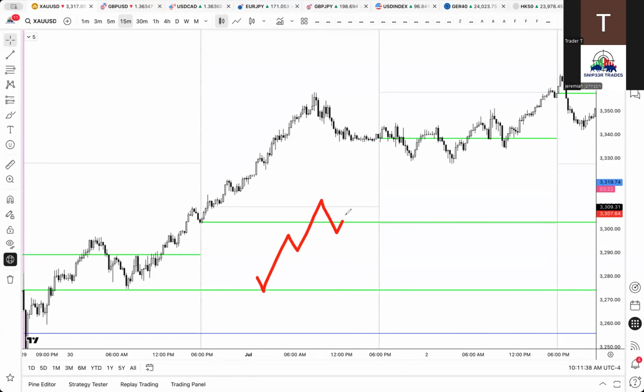The ICT guy said, oh, there's going to be a fair value gap somewhere right here. The head and shoulders trader said, just look for the breakout and the failure of the neckline. And the quarterly theory trader is using time and true opens and true closes.